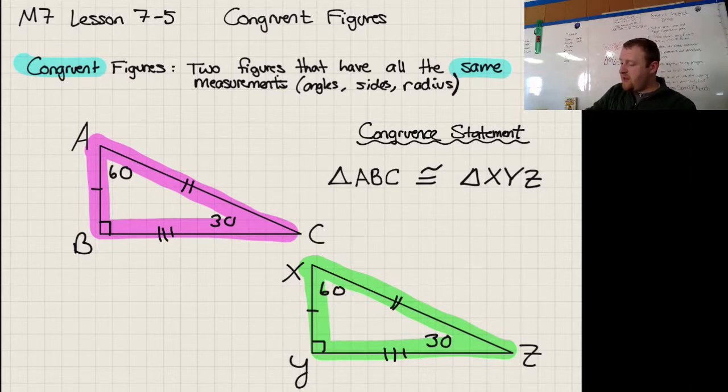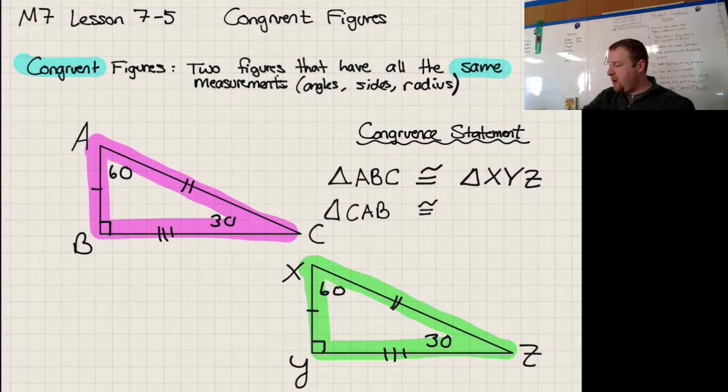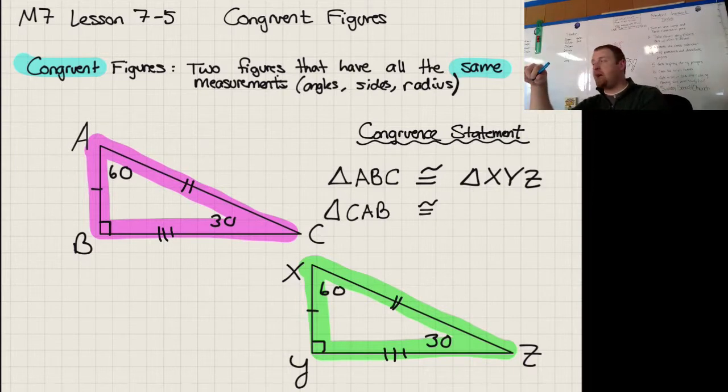Let's say instead of naming it ABC, I named it CAB. And I wanted to know how to name the next one. Okay? Take a moment and talk with the person next to you and see if you can figure out, if the first one's named triangle CAB, how would I name the second triangle? Okay?